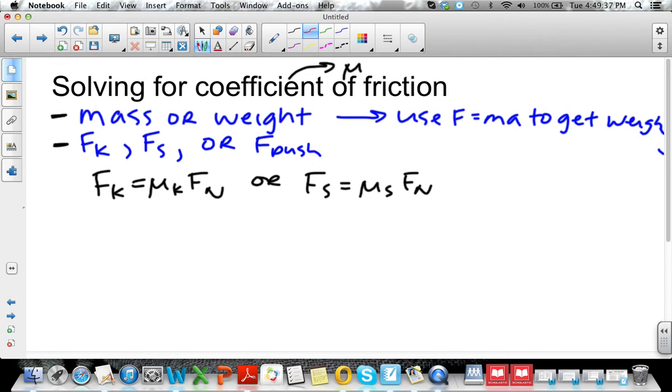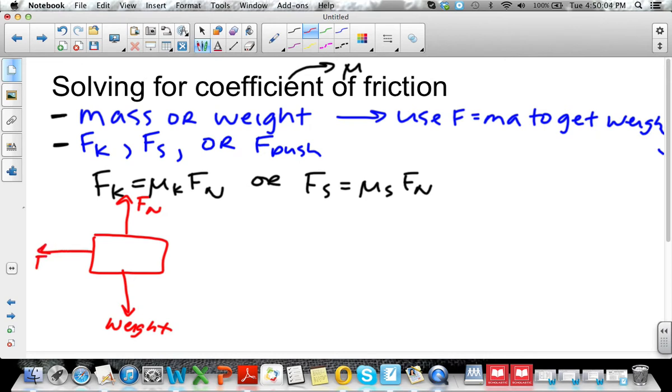So no matter what, whether they give you the mass or the weight, you'll be fine because you'll be able to calculate the weight and you'll have that. So let's just assume I have the weight, and it's just some number. That means I've also got the normal force because they're the exact same thing, just in different directions. Then let's go with Fk in this first one.